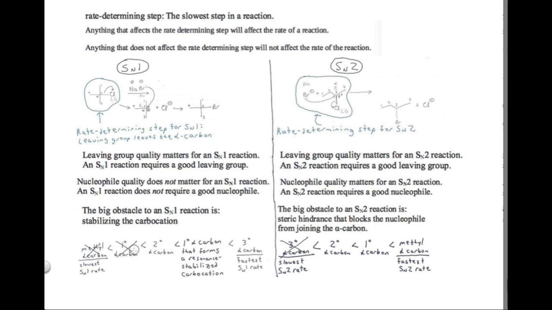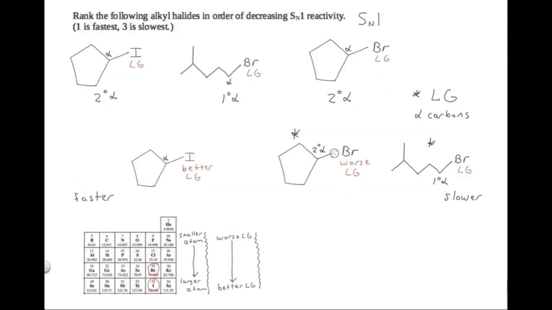Remember, the reason for that is based on stabilizing the carbocation. A secondary alpha carbon will form a more stable secondary carbocation, and a primary alpha carbon could only form a highly unstable primary carbocation. Secondary alpha carbons are better for SN1 than primary alpha carbons. That's why this SN1 reaction will be faster and this SN1 reaction will be slower.